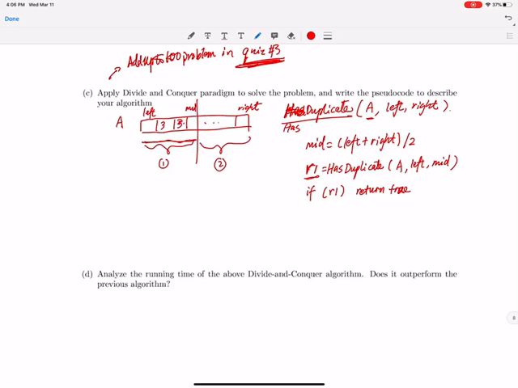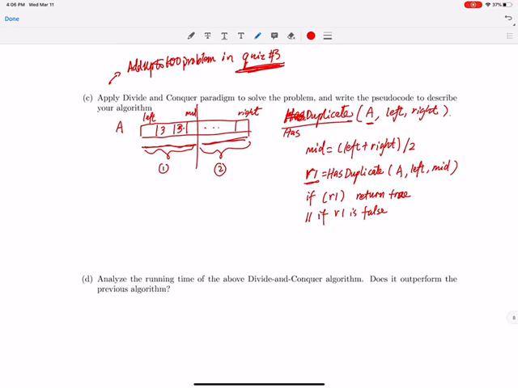But if R1 is false, we cannot return. We need to check whether the second half, from mid plus 1 to right, has a duplicate or not. For that, we're going to make a recursive call, and the range of the index starts from mid plus 1 to right.